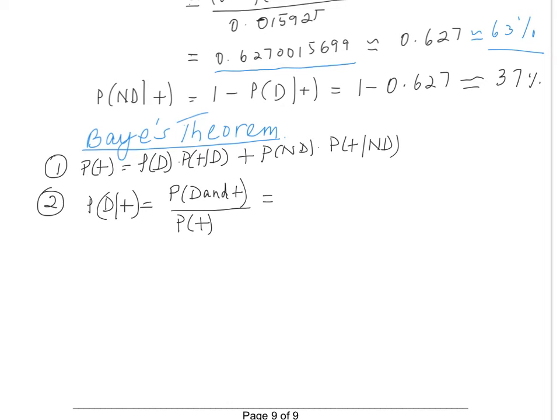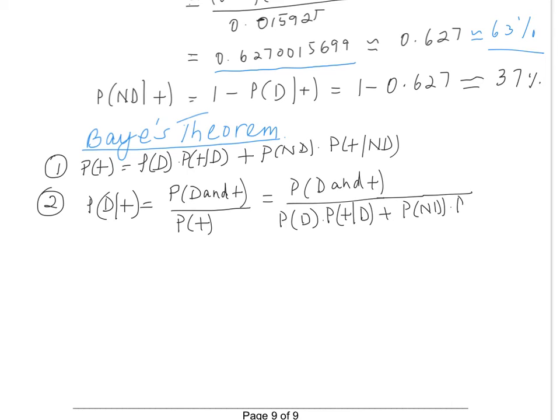So when we expand this, this is the same as the probability that someone has the disease and shows positive divided by the probability that someone has the disease times the probability of positive given that they have the disease, plus the probability that someone does not have the disease times the probability of positive given that someone does not have the disease.